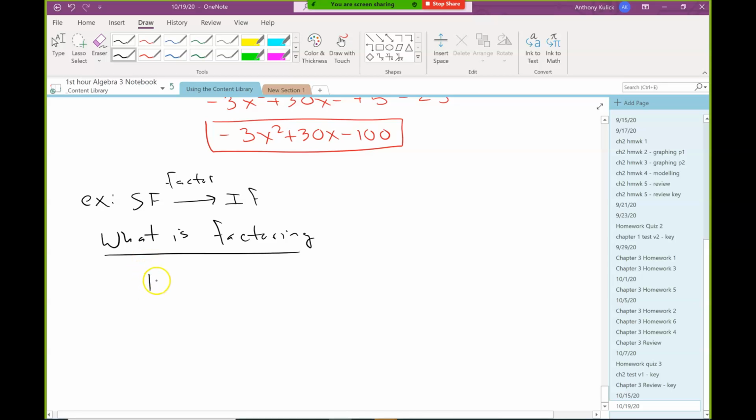So the idea is that factoring is the reverse of FOIL.